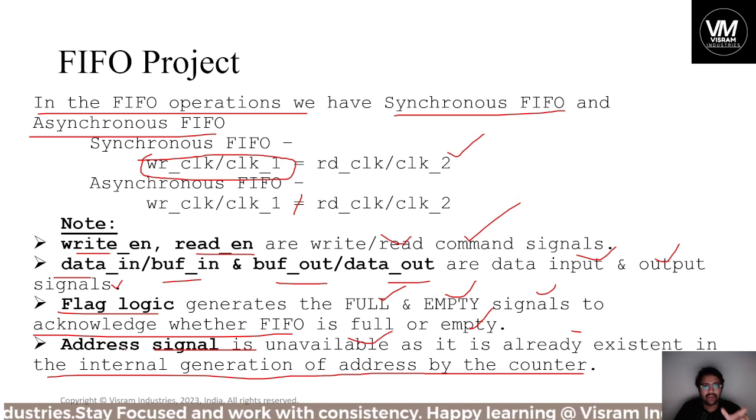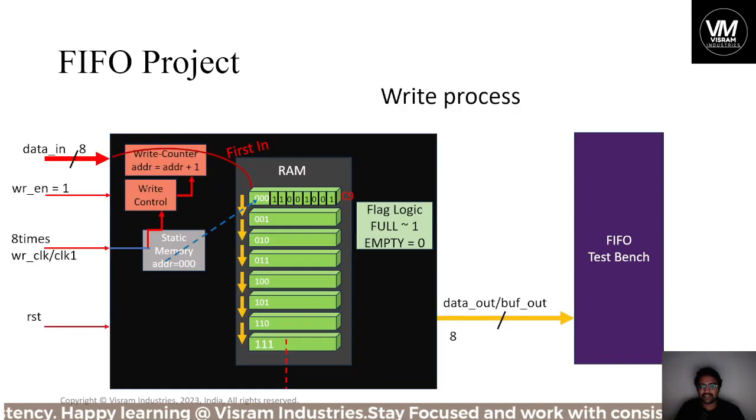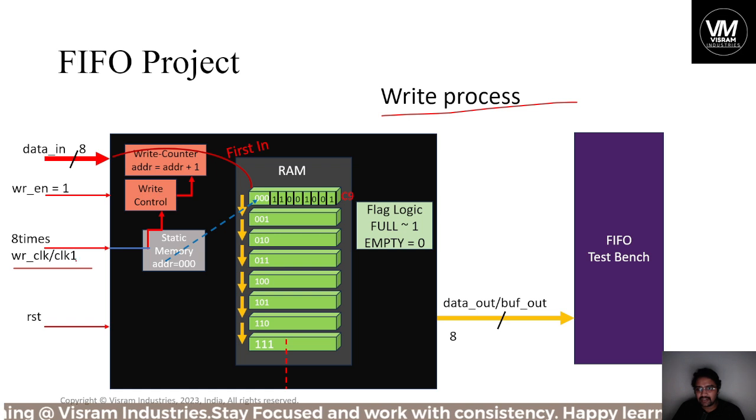Now it is FIFO. FIFO means with memory design we have some external modules integrated to the memory, and we are using that memory stack of registers for data transmission in a sequence, in a series. So the write process of the FIFO will look like this: write clock is 1, write enable signal is 1, and data input is 1.